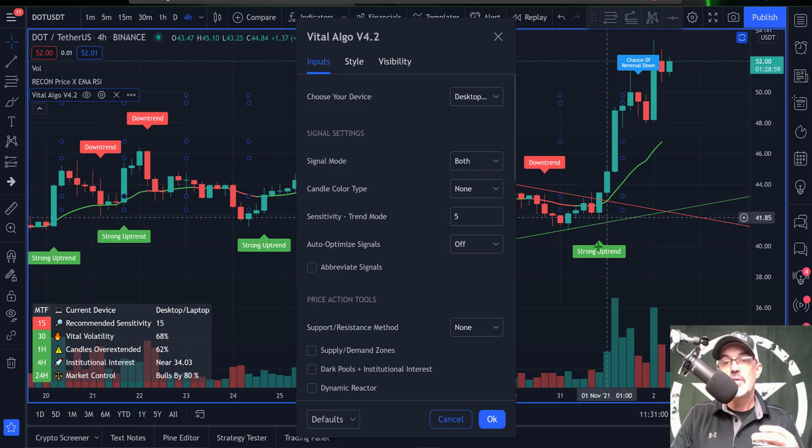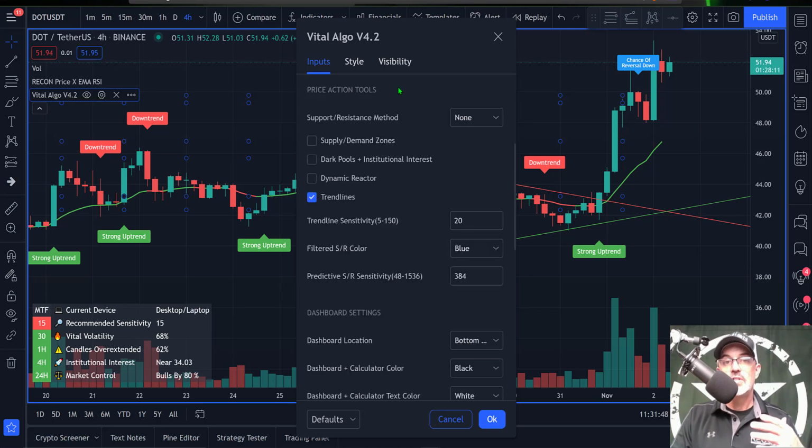In reality, it did move the signal from this candle to this candle, which would actually fit right along with my cross of the trend line and cross of the EMA. So in this particular chart, the sensitivity trend mode on a 4-hour chart might be better served with a 5 sensitivity versus the 7. I think I had that 7 on when I was using the 1-hour chart.